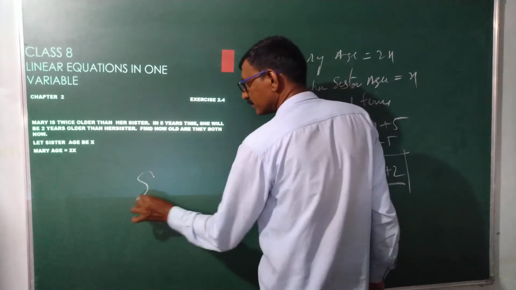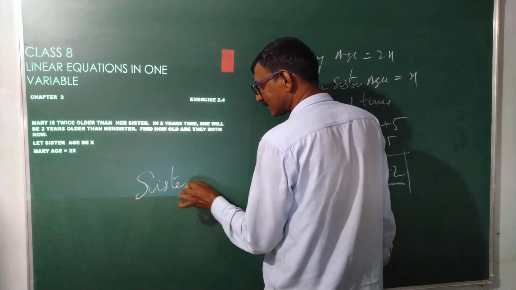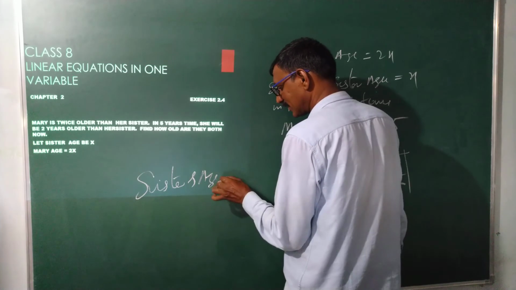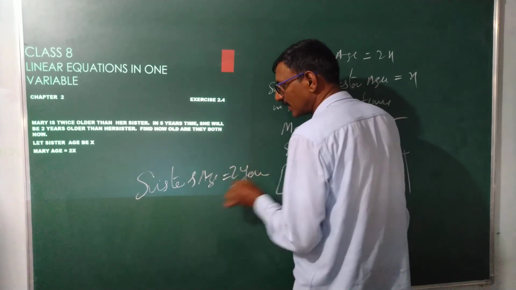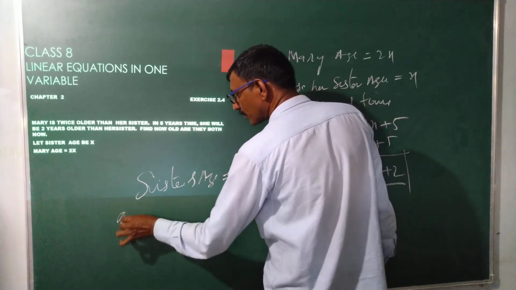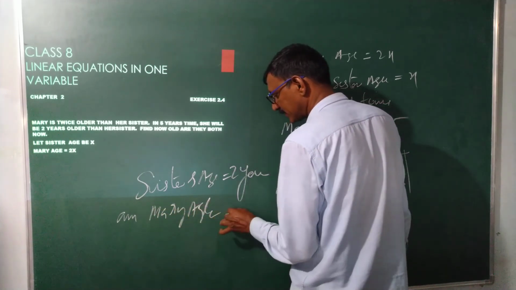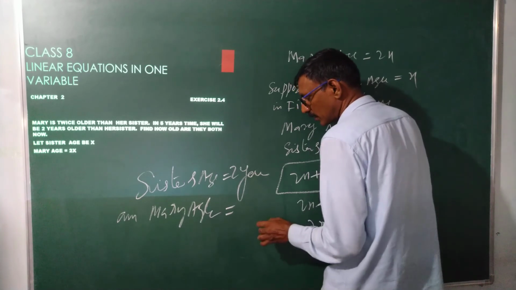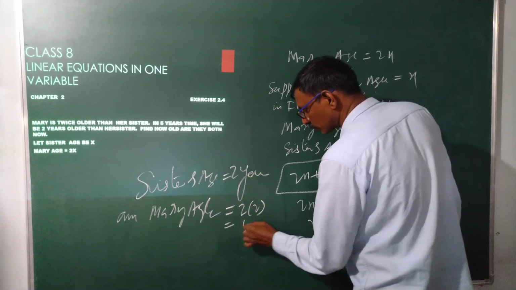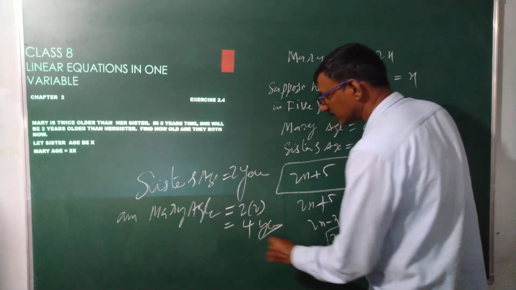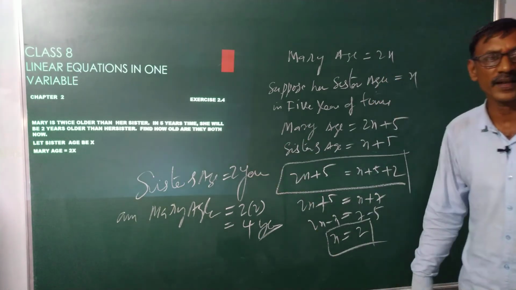Therefore, sister's age is equal to 2 years and Mary's age is equal to 2 times 2, that is equal to 4 years, because she is twice older than her sister.